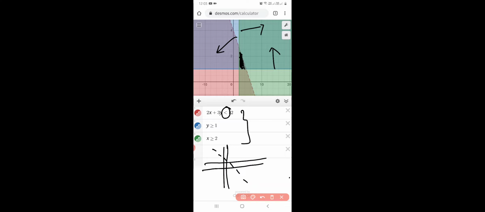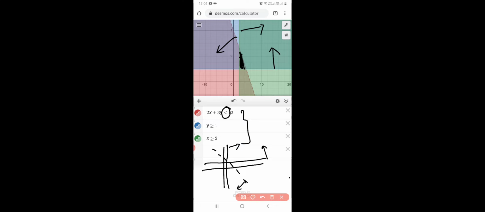So what I'm going to do is mark them using arrows, showing which side they represent, and I'm going to shade only that portion which is represented by the three inequalities.